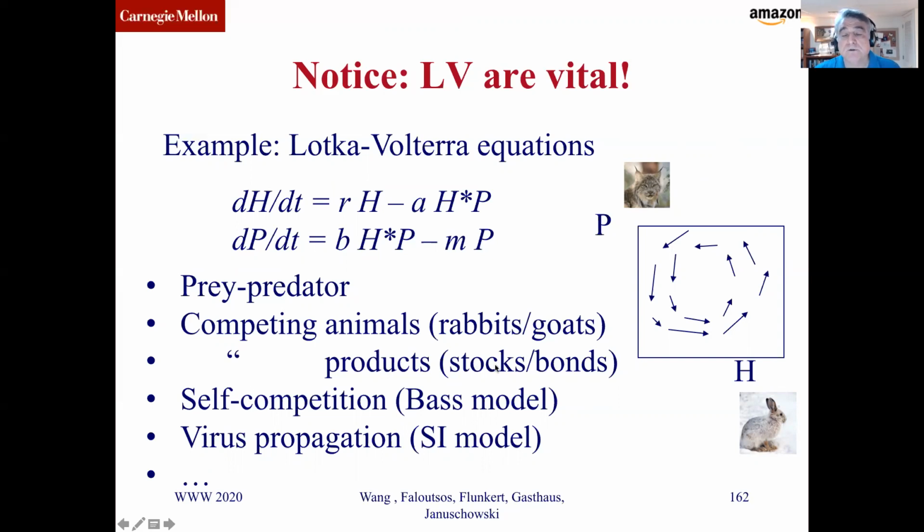They both try to feed on the available income of citizens, and there is a competition. If we have only one species, then this is the Bass model, how quickly a product will penetrate the market. And similarly, if we have only one type of virus, how quickly a virus will cover a population, and so on and so forth. So these are extremely useful equations for many settings.